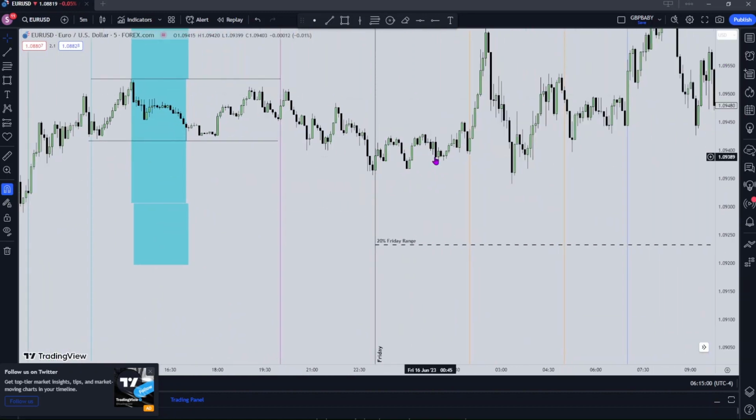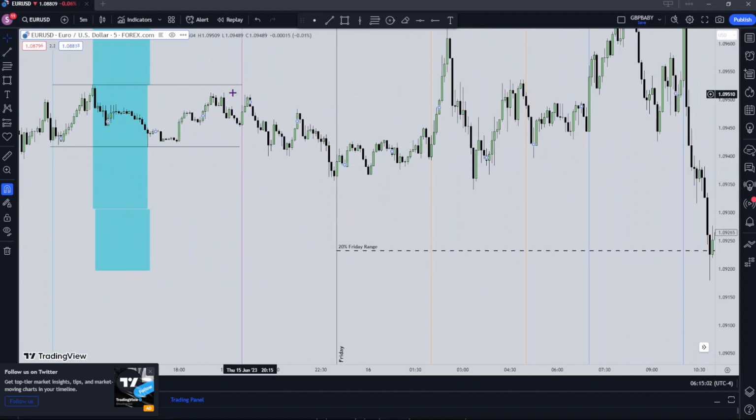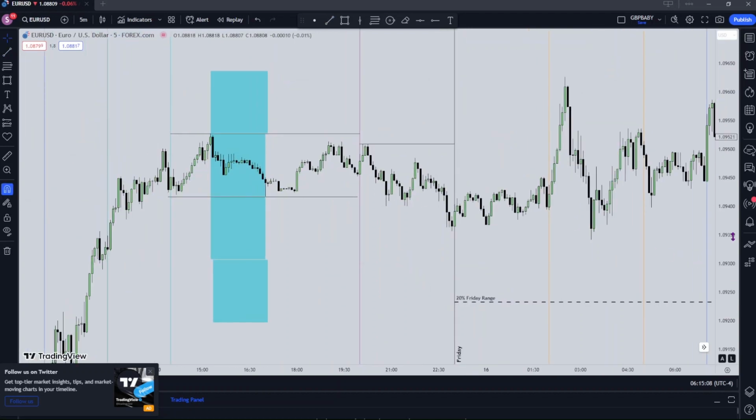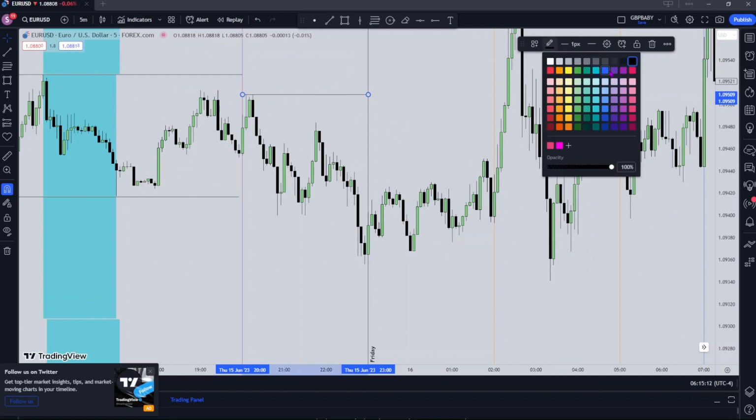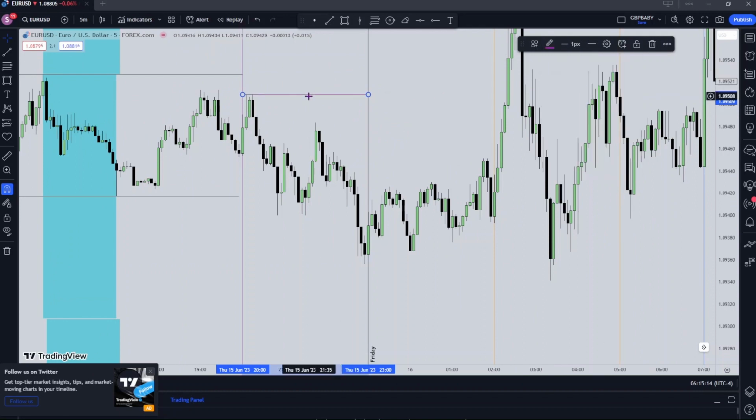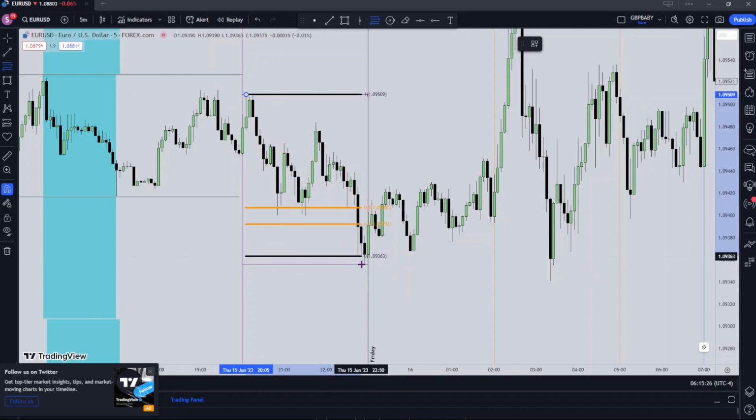So standard procedure, high and low of the Asian range. And remember, I like to work out the 50% of these ranges too.